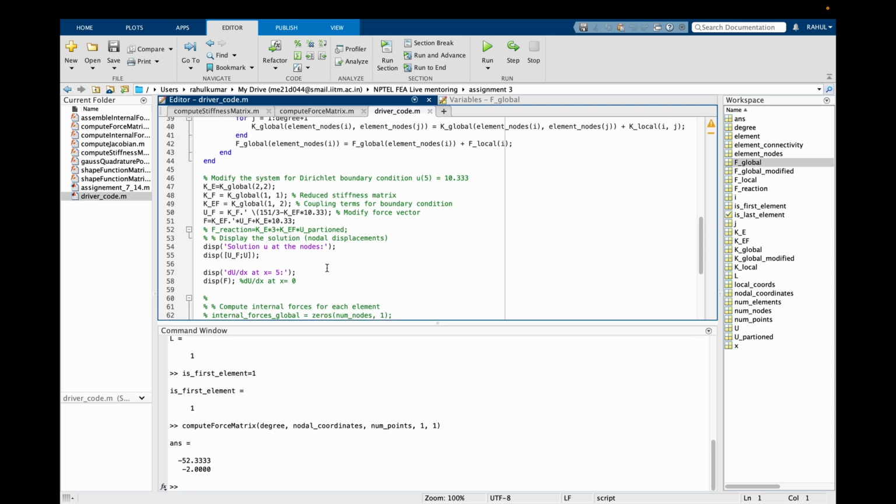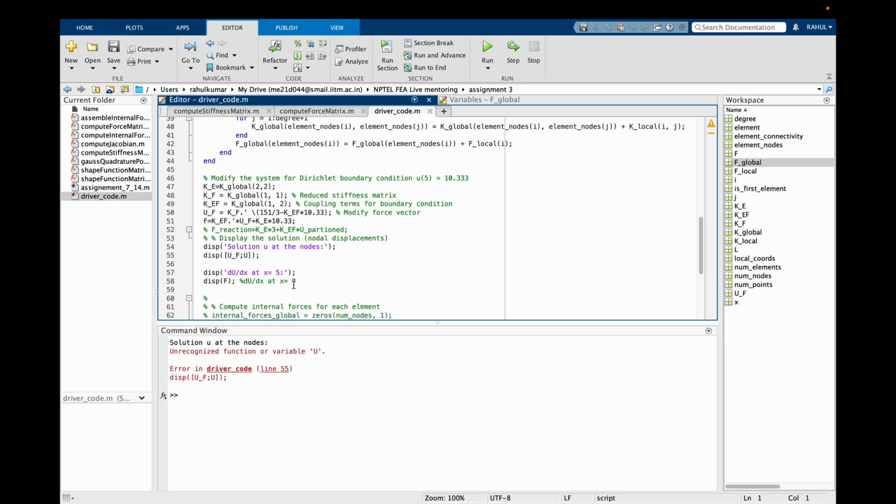When you run this whole code, you will get the solution. Oh, here I have to write u equal to 10.33, right?